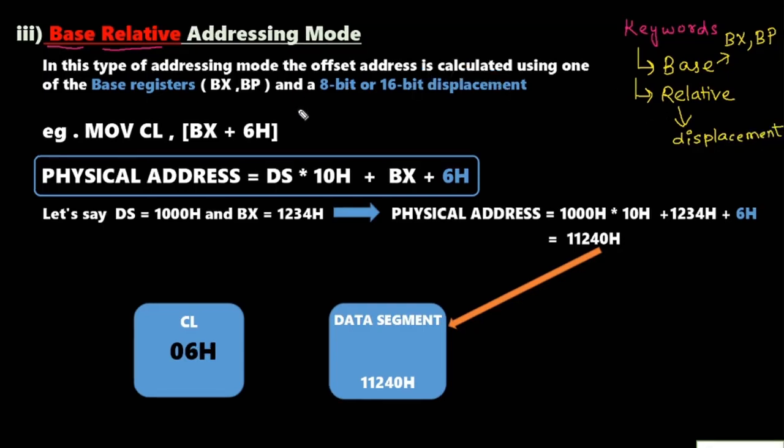This type of addressing mode can have other names also, but the only common thing in those names will be these two keywords. So whenever we find these two keywords in our addressing mode, that is the base registers and a displacement value, then we should know this type of addressing mode works like this, and it is called the base relative addressing mode.